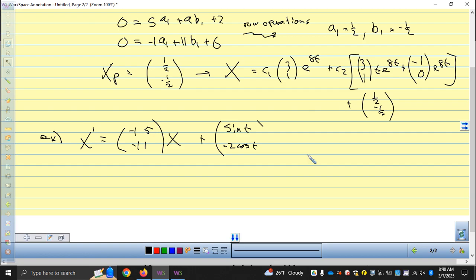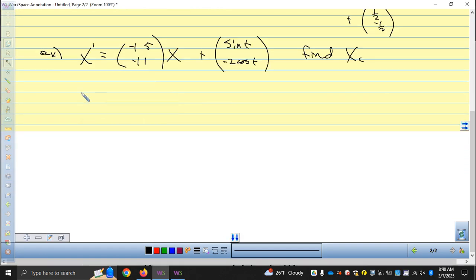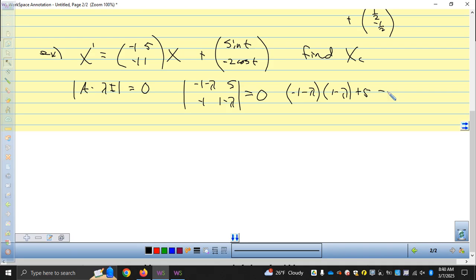So we want to solve the homogeneous system first. We want to find the complementary solution. We're going to do our normal procedure: solve the determinant of A minus lambda I equals 0, which is (-1 minus lambda)(1 minus lambda) plus 5 equals 0.